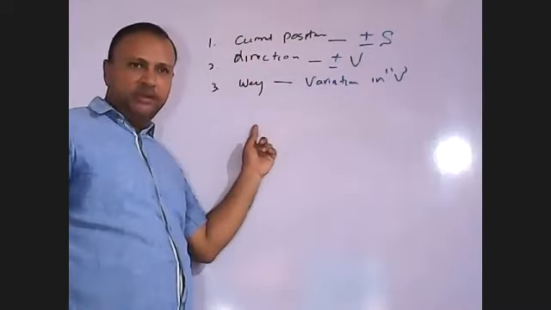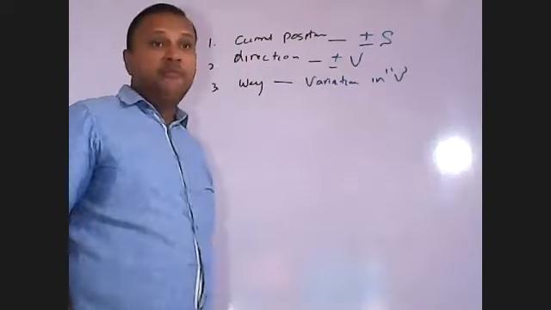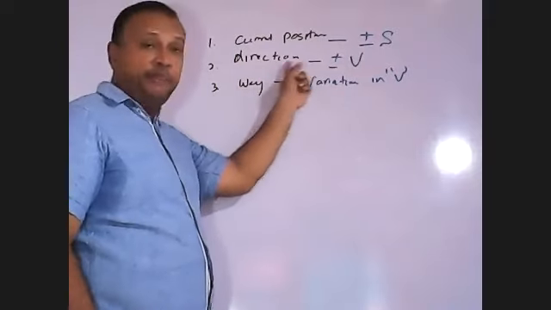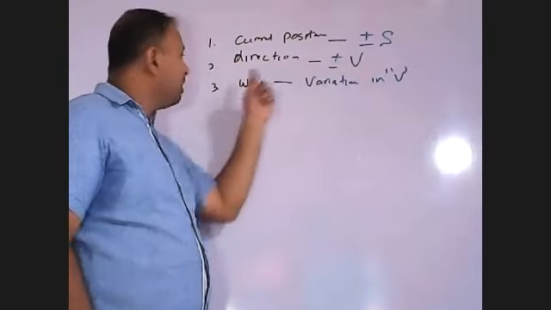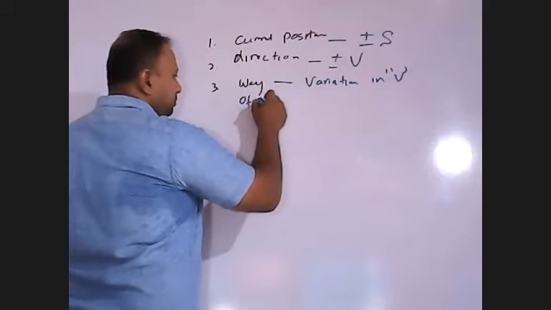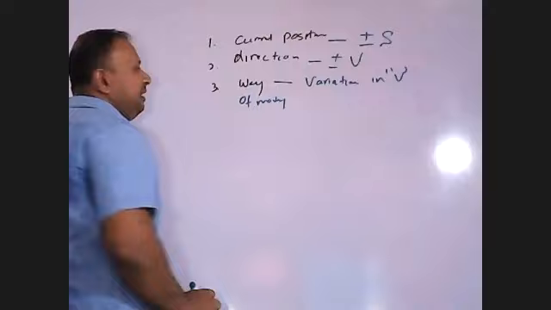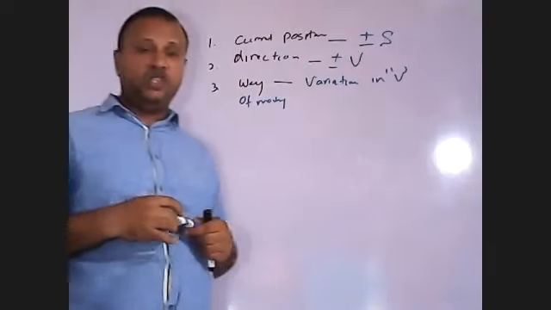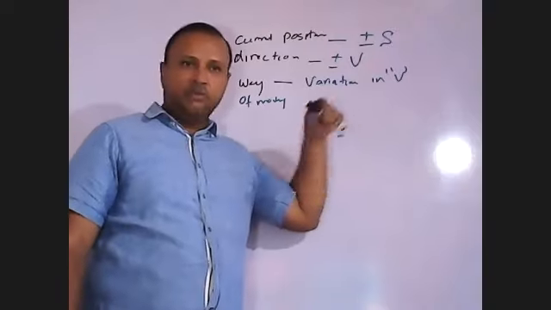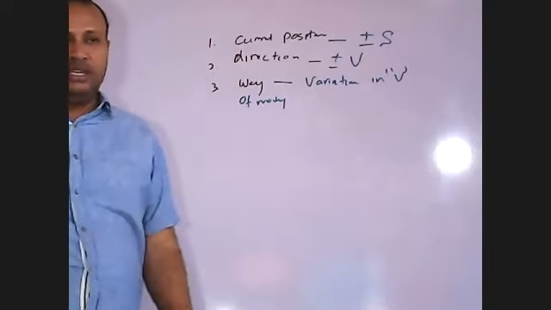First one, current position. Current position depends on plus or minus of S. Direction of motion depends on plus or minus of V. The way of moving depends on variation in velocity with time. Simply we can say it is an acceleration, but the correct word is variation in velocity.